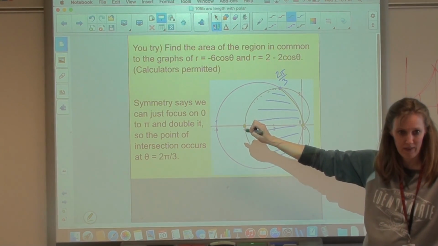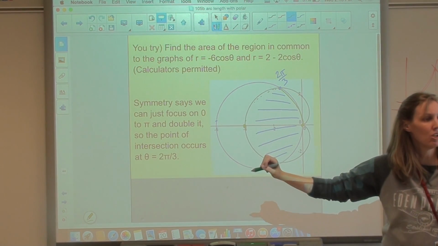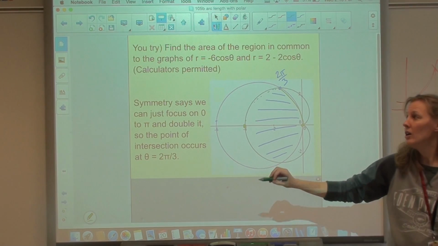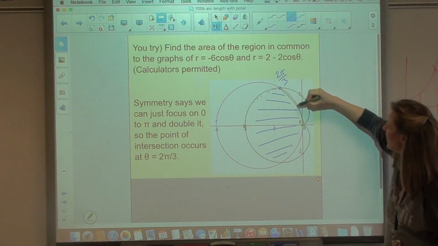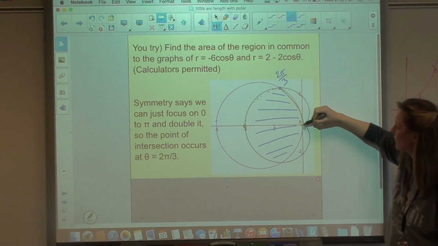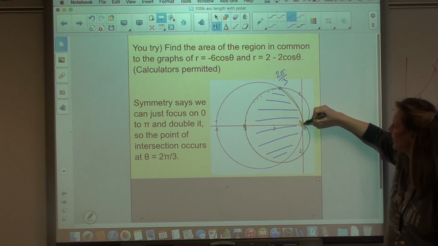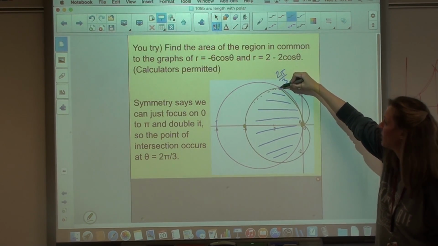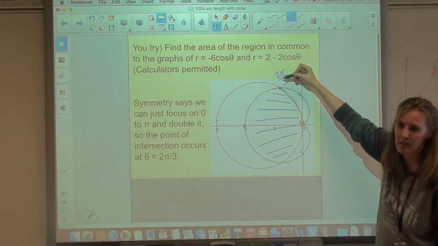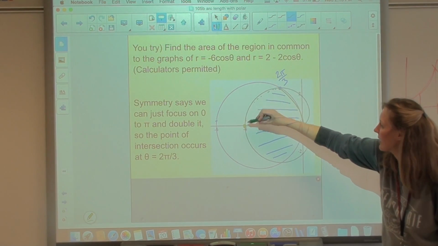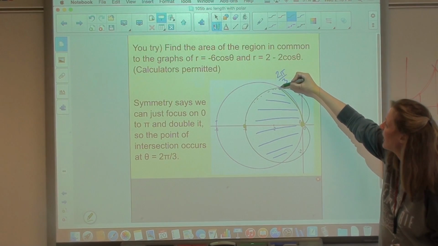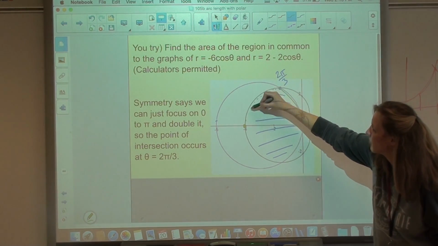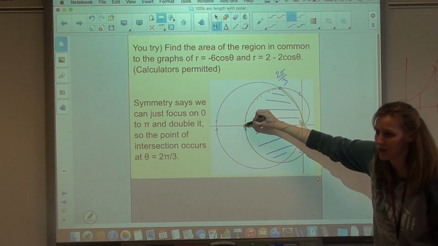Are you with me? Okay, so here's what you need to ask yourself. For the area with the pink curve, what angle do I need for it to be here, and then what angle do I need to be here, which I know because it's 2 pi over 3? Then for the black curve, which is the cardioid, I know I'm starting here, and then what angle sends me here?